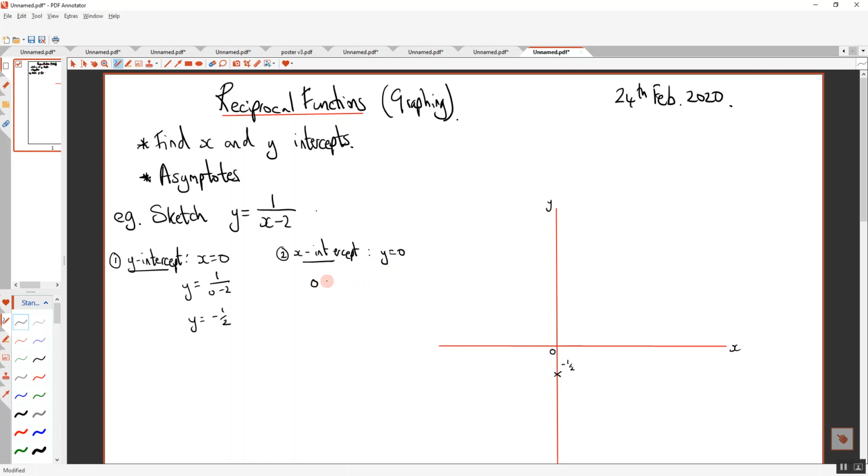So if I put 0 is equal to this, what do we notice? How do I solve that? 0 equals 1 over x minus 2. What would be the first thing you would do?